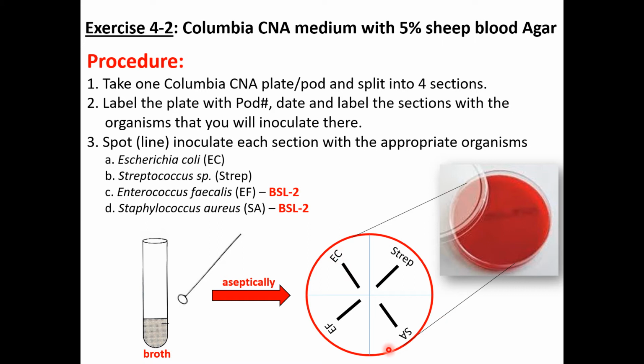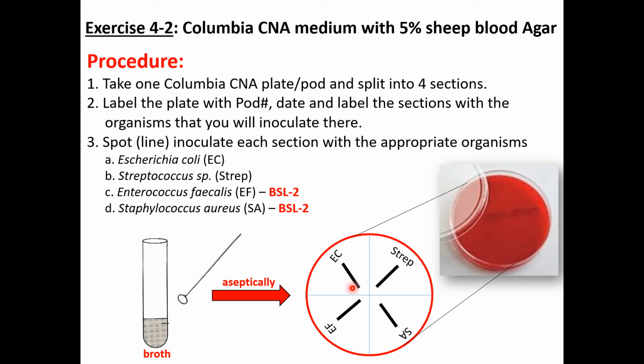And then we have another 3 different species of gram-positives, okay? Here we have 2 BSL-2 organisms, which means biosafety level 2. Those organisms, we have to be super careful when working with them in the lab, because if we had any spills from a broth, those are organisms that are known to cause human diseases. So that's why a spill would have to be taken care of really quick, okay?